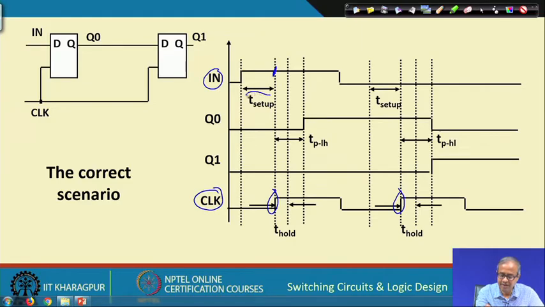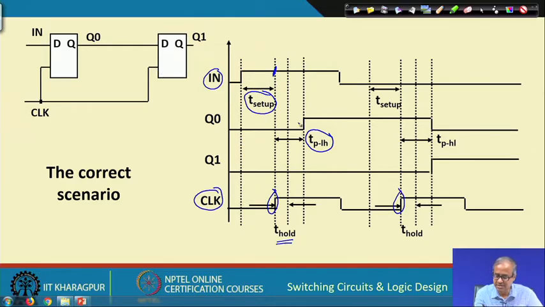So, I have applied the input at least t_setup before that, and the input is stable till t_hold. This is fine, and output Q0 will be available after the clock pulse after a delay of t_propagation low to high, because Q0 is changing from low to high. The second flip flop will be taking this Q0 as input and storing it there.